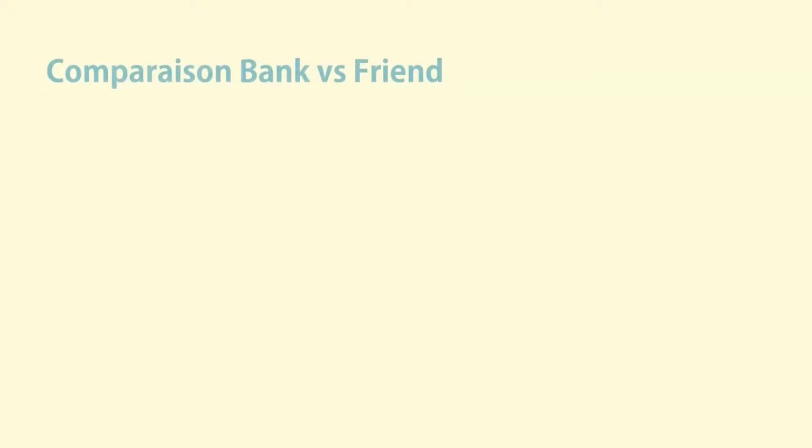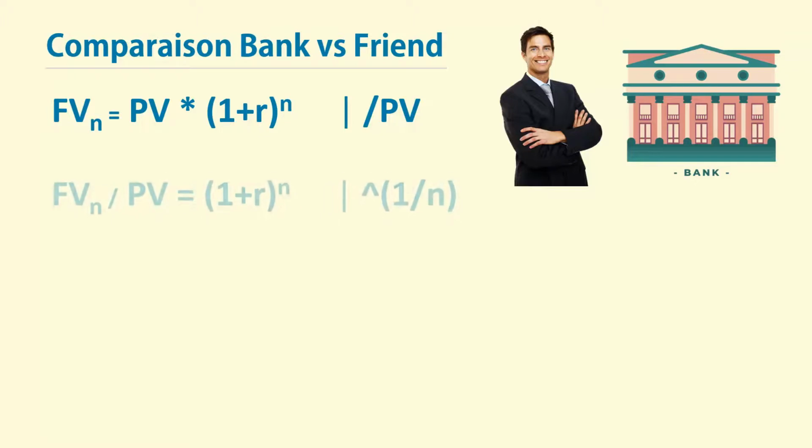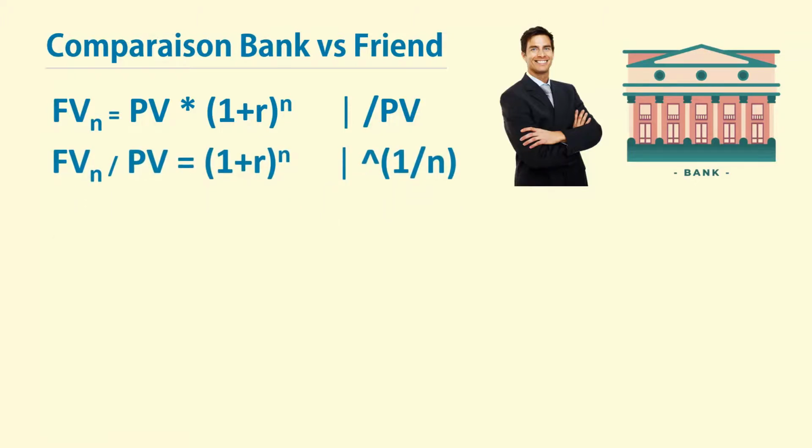Let's offer you now the third method to compare those two opportunities. We can go from the present value in both cases, $1,000, and compare the two rates of return. Starting from our formula, we divide both sides by present value, then raise to the power of 1 divided by n, and then we subtract 1.